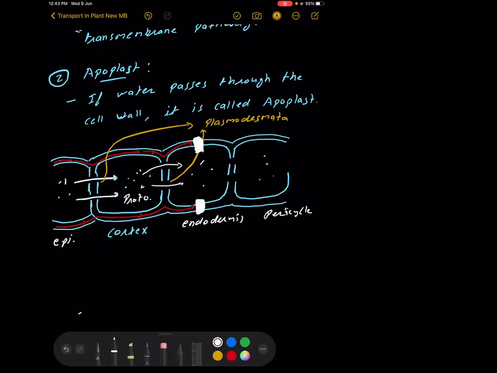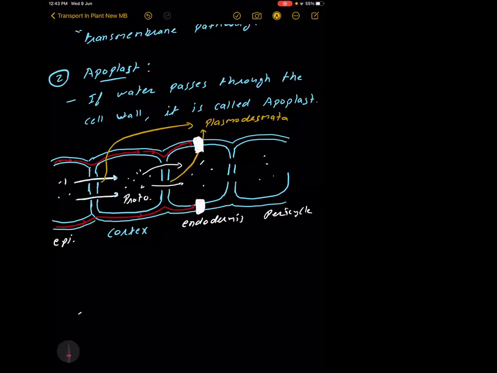So here the water has to enter the protoplasm at this point, because it has to cross the Casparian strip. This is a bypass, you can say. Again some amount of water enters the cell wall and apoplast starts. No issue. Clear? Yes, sir, it can re-enter the cell, some amount performs apoplast, and the other is symplast.